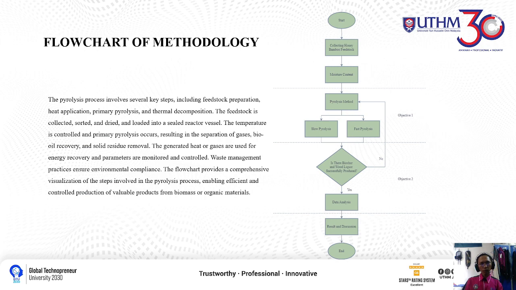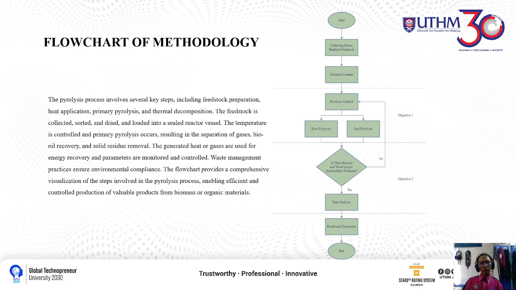Flowchart of methodology for the process, biochar and wood liquor. The pyrolysis process involves several key steps, including feedstock preparation, heat application, primary pyrolysis, then thermal decomposition. The feedstock is collected, sorted, dried, and loaded into a sealed reactor vessel. The temperature is controlled, and primary pyrolysis occurs, resulting in the separation of gas, bio-oil recovery, and solid residue removal.